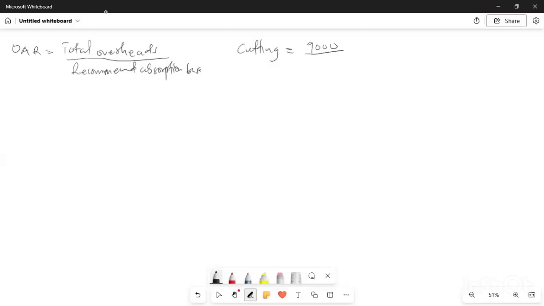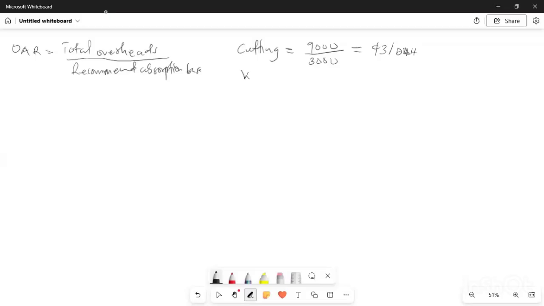So the absorption base for the cutting department is the direct labor hour, which means we divide by the direct labor hours, which is 3,000. When we cancel, we have 3. So the overhead absorption rate for the cutting department is 3 cedis per direct labor hour.